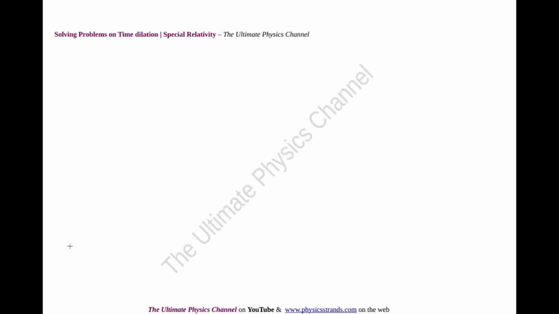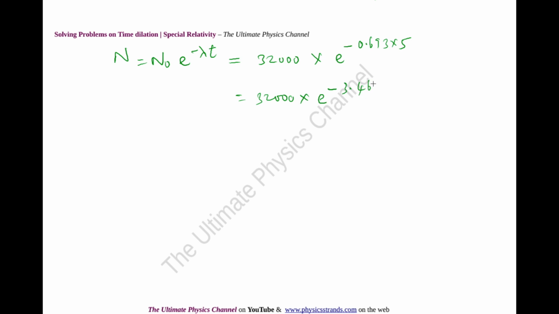So our equation in this case changes to, let me write it here, N is equal to N naught e to the power minus lambda t, that is equal to 32,000 times e to the power minus 5 times 0.693, that is equal to 32,000 multiplied by e to the power minus 3.465.